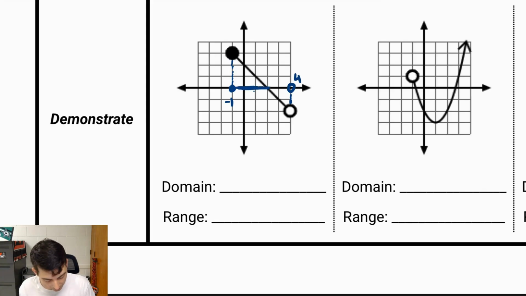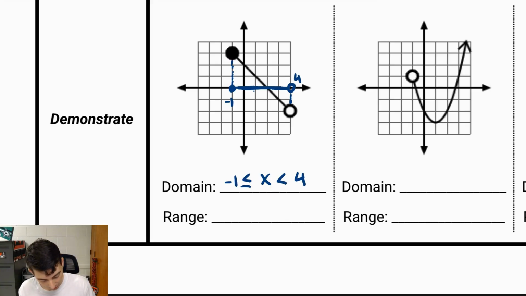So all of the x values in this function are between -1 and 4. They're all greater than -1. Since that's a closed circle, I would put a line underneath the inequality, but they're still all less than 4. I have an open circle there, so I do not put the line underneath that inequality.